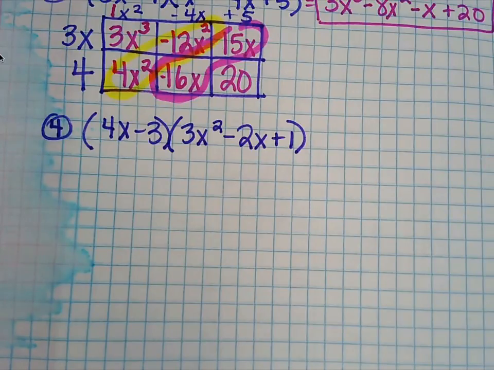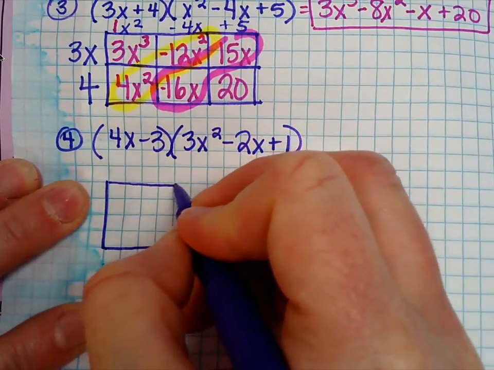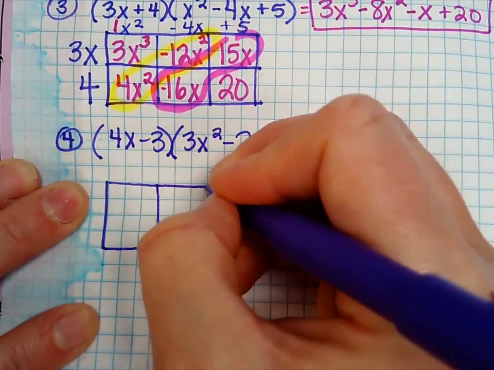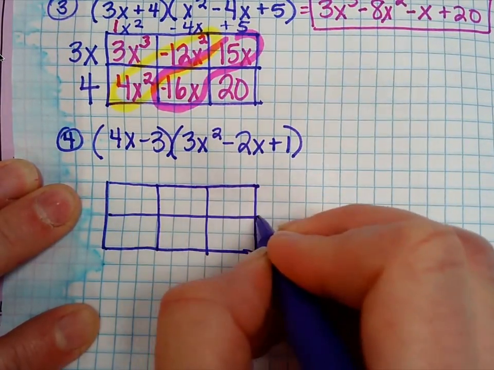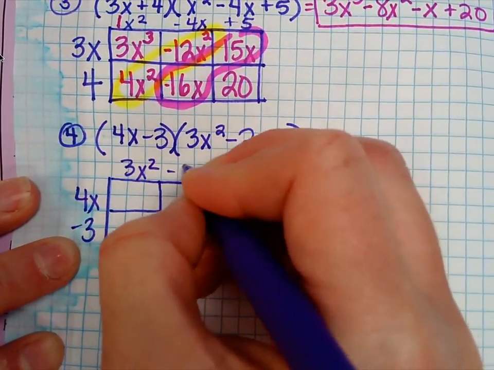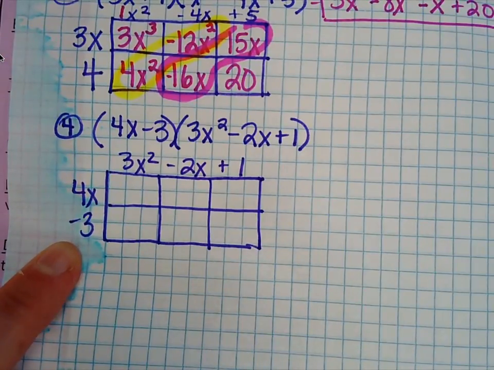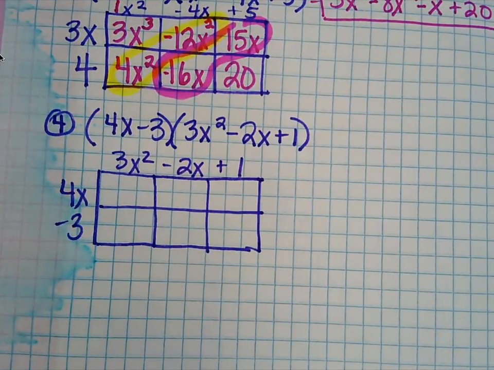Go ahead and make your box. So make sure whenever you have a minus 3 that you put that as a negative 3. So go ahead and multiply them.